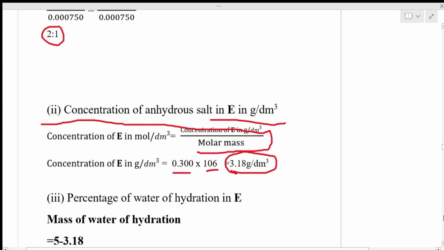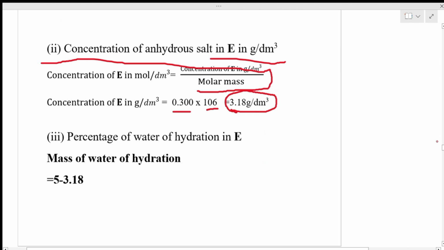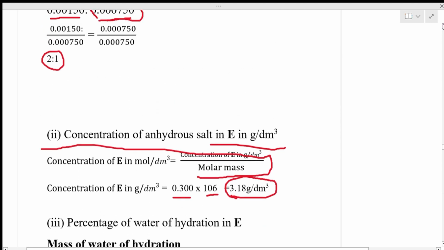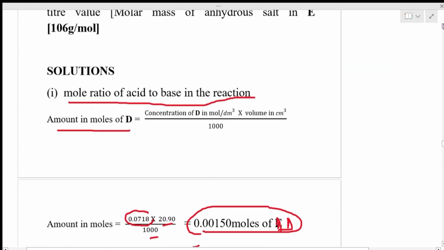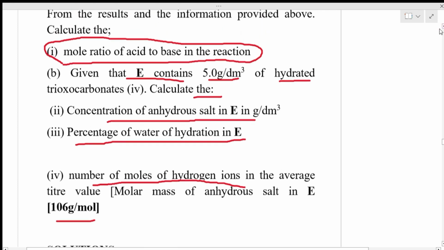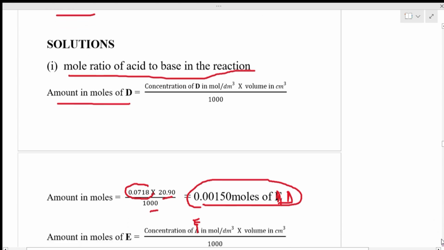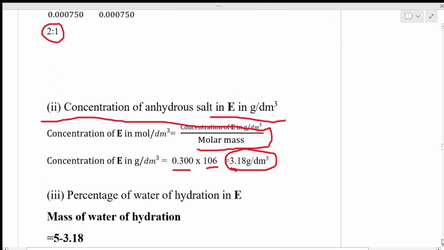Now, what is the percentage of the hydration? Remember the value. Let's go back quickly to the value given up. You can see the value for the anhydrous and the value of the hydrated trioxocarbonate to be 5.0 gram per dm³. So back to our question.